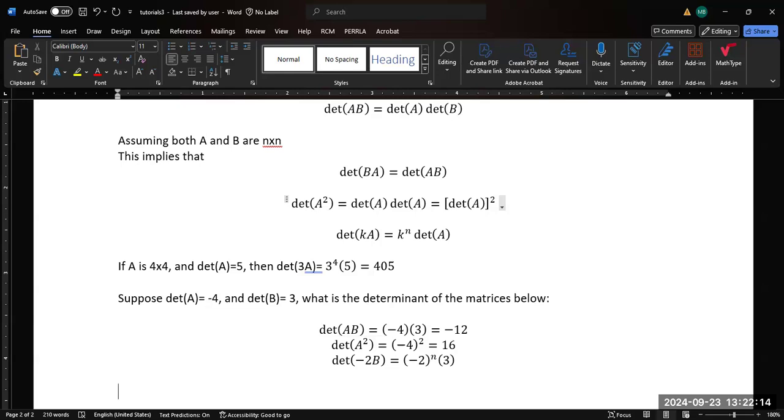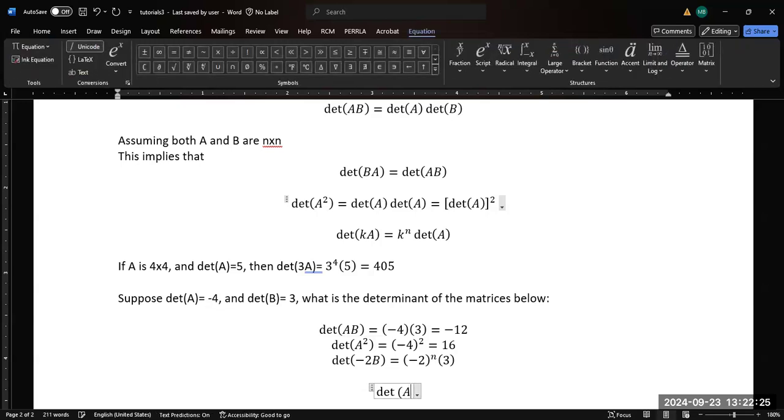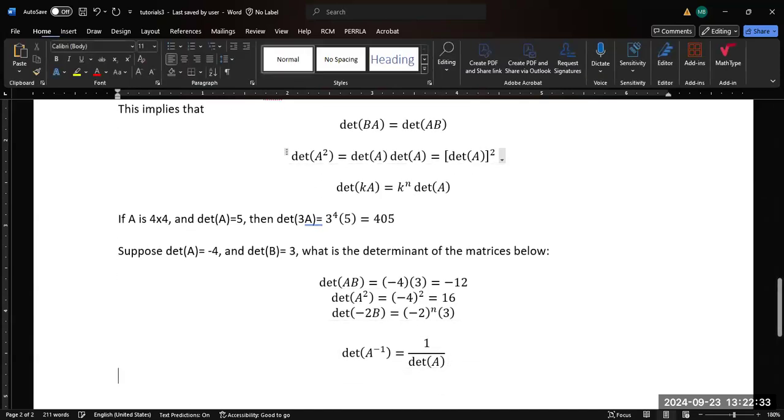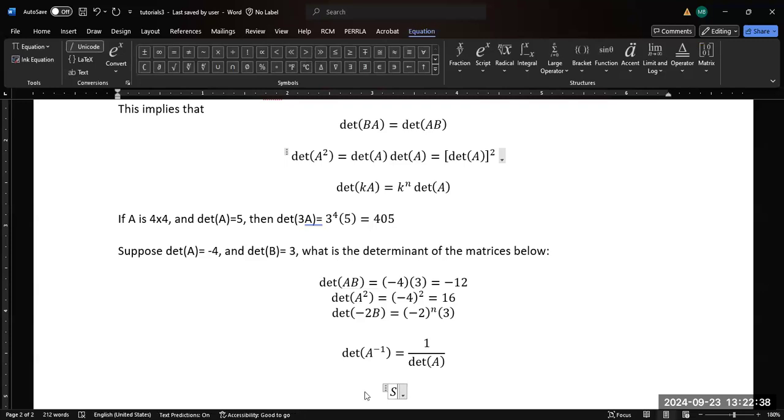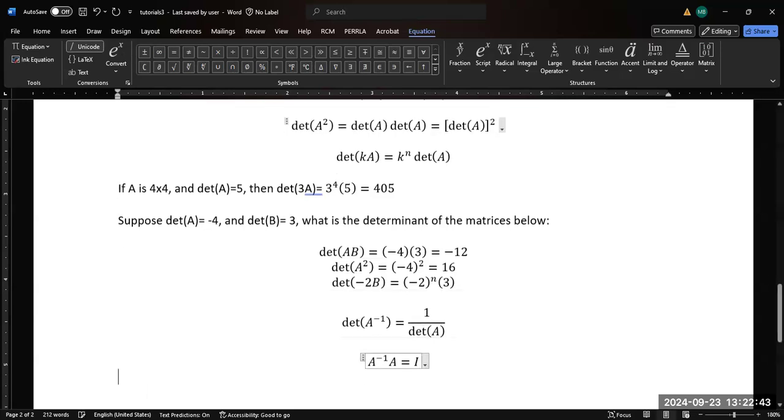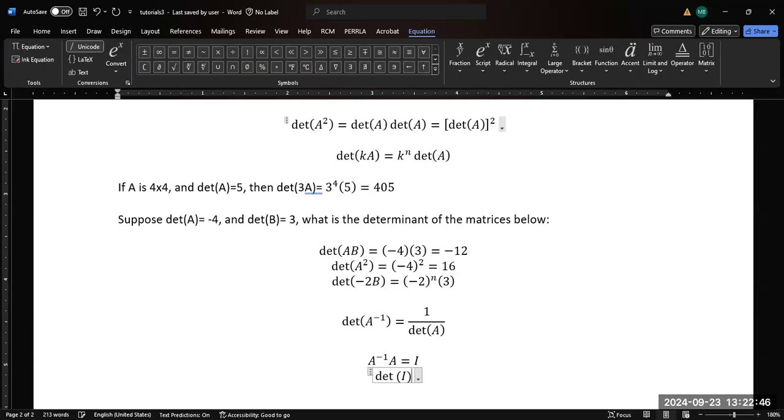Now, one other thing that's useful is that the determinant of A inverse is equal to 1 over the determinant of A. And that has to be true. If you think about it, we know that A inverse times A is equal to the identity, and the determinant of the identity is equal to 1 because the identity is just ones on the diagonal and zeros everywhere else.